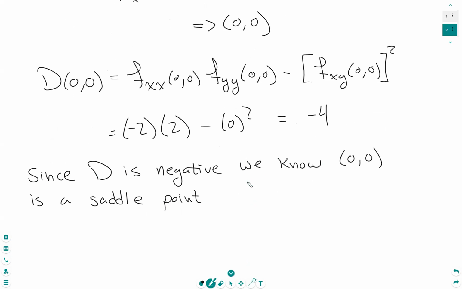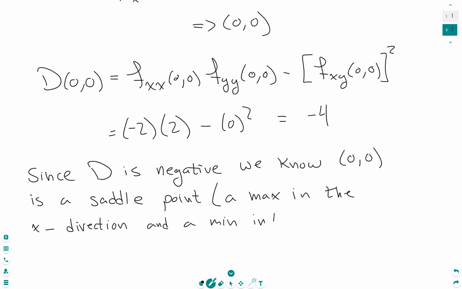In fact, we can even think about this a little bit more, and we can say that because of the concavity, this is negative in the x direction and positive in the y direction. We know that this is a max in the x direction, and a min in the y direction.